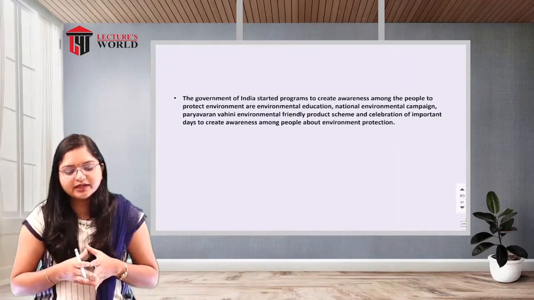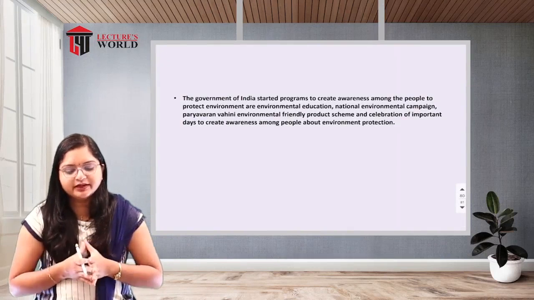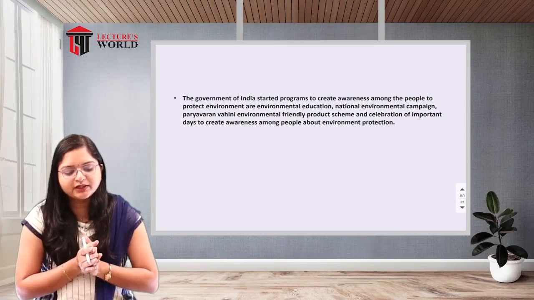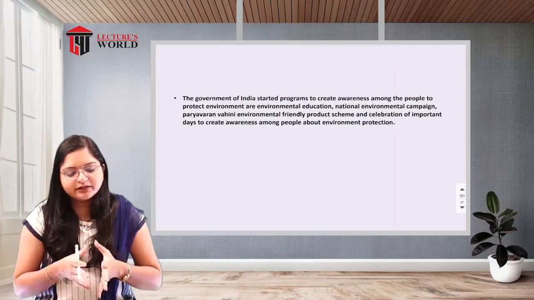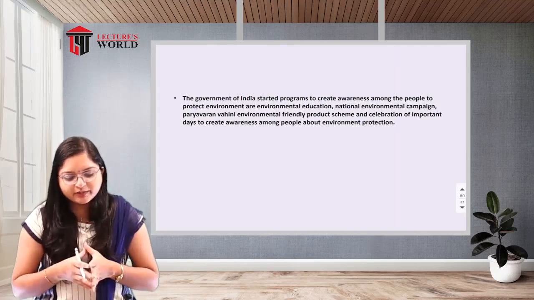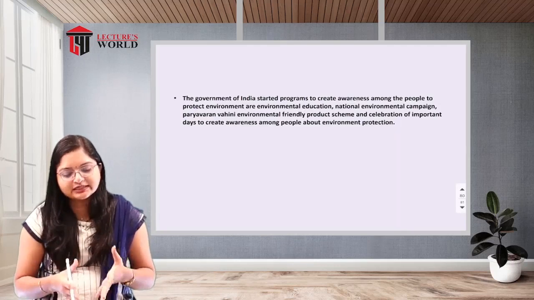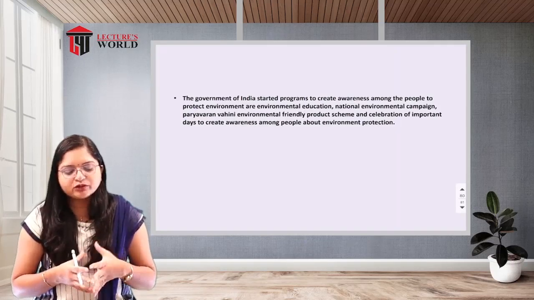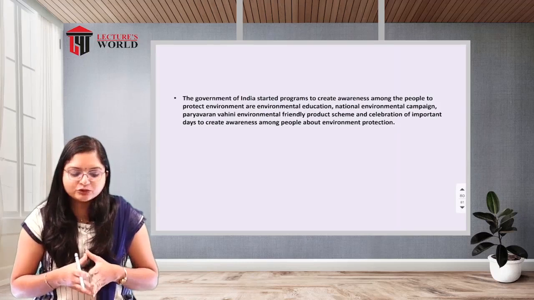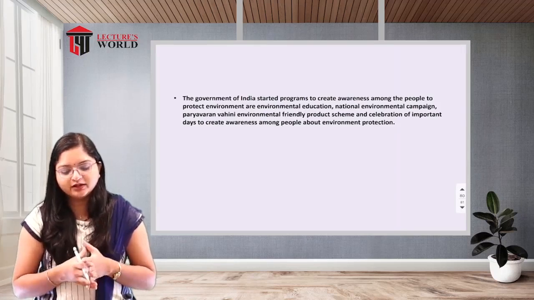The Government of India started programs to create awareness among people to protect the environment, such as environmental education, National Environmental Campaign, Paryavaran Vahini, environment friendly product schemes and celebration of important days to create awareness among people about environmental protection.